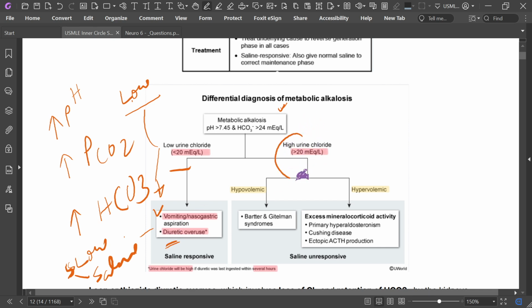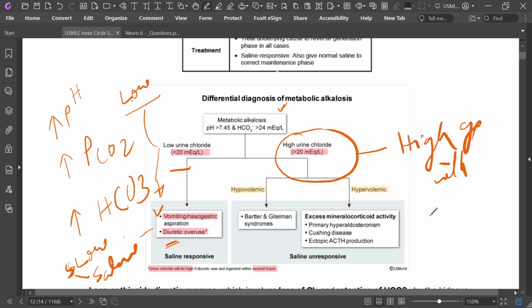And if urine chloride is high, not go with the flow, that means it is saline unresponsive.